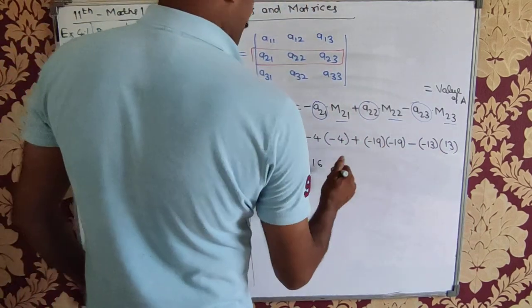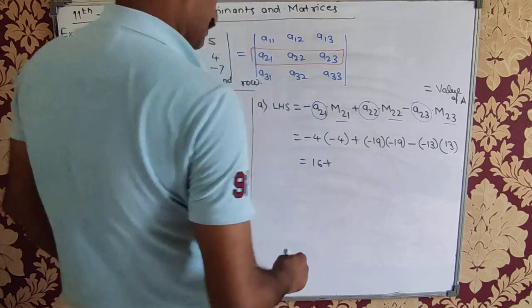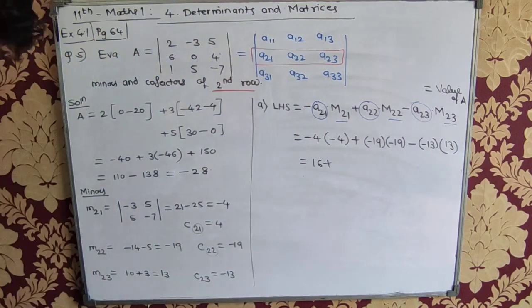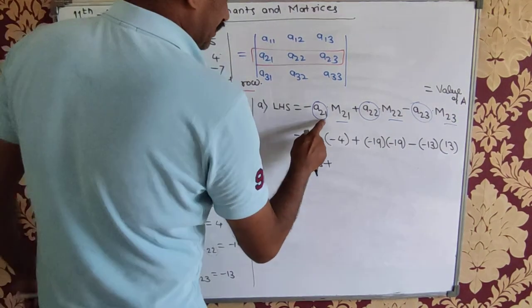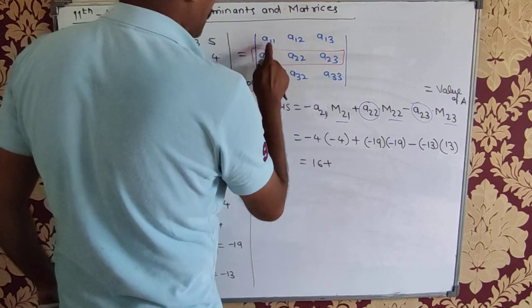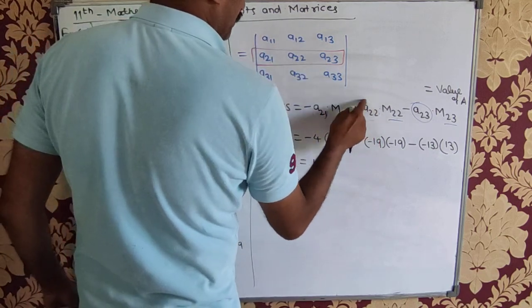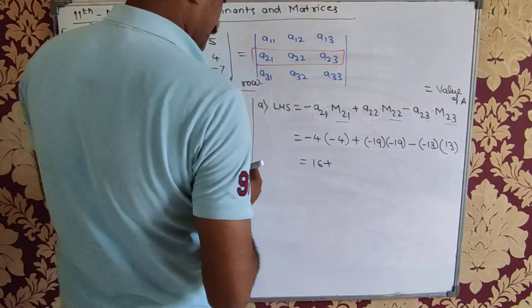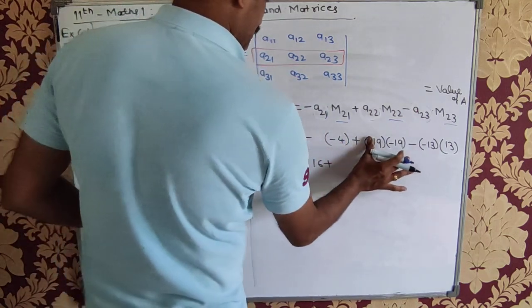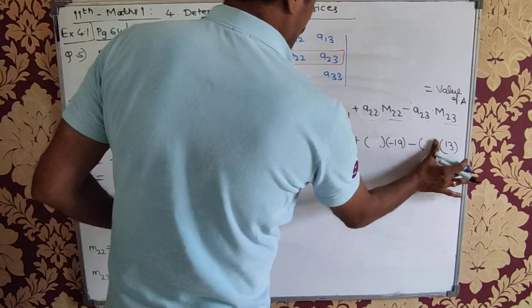This is going to be plus. Plus कितना आएगा? गड़बड़ हो गया क्या कुछ? एक मिनट. These are not the cofactors. These are the element के values. है ना? तो ये element के values होनी चाहिए. तो यहाँ पर क्या होगा?